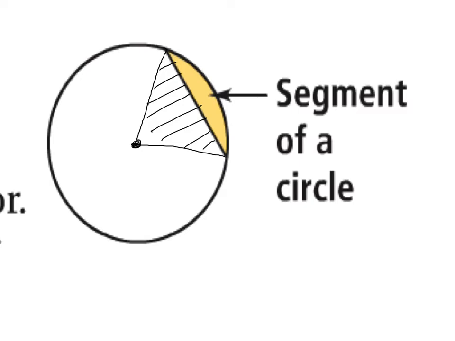Okay, so you'll notice you have three things essentially. You have the sector, you have the segment. Remember, the sector is the whole thing. The sector includes from the center to the endpoint all the way around.